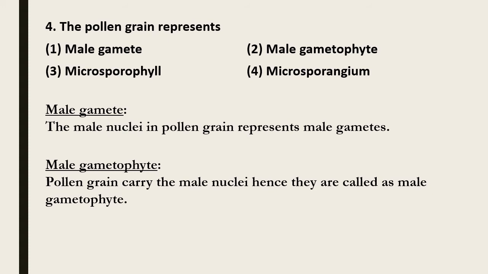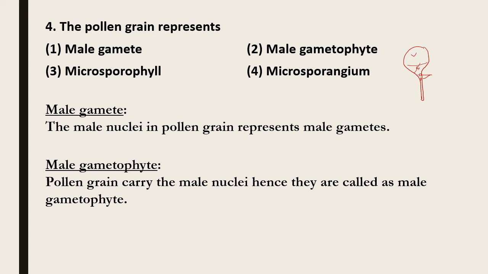Already we know that during germination, the pollen grain produces the pollen tube. This pollen grain consists of two types of cells, a vegetative cell and a generative cell. The generative cell undergoes mitosis to form two male nuclei.